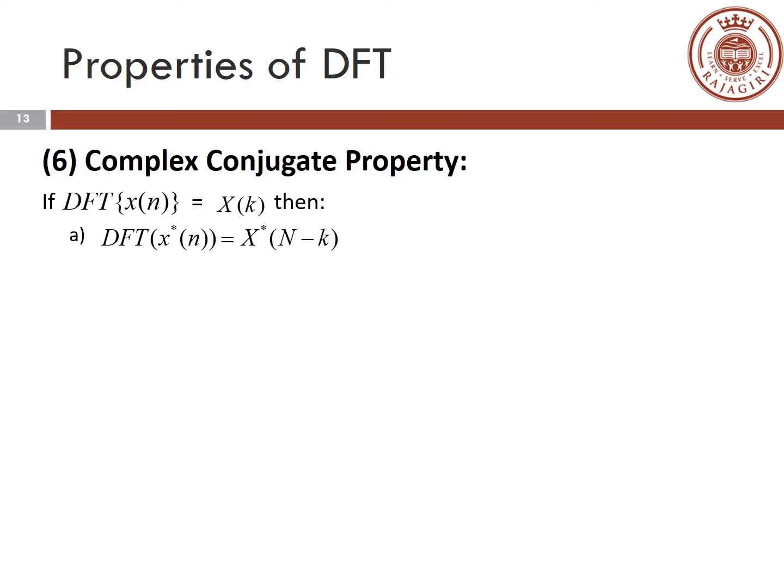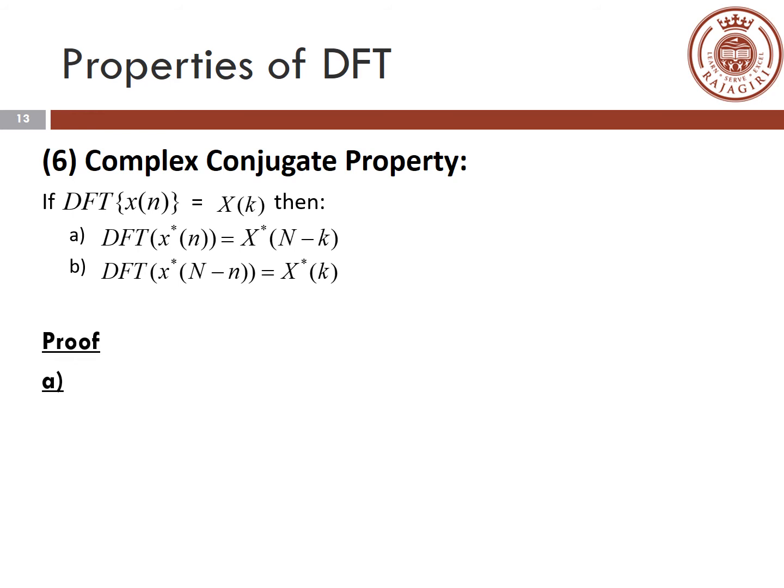So it is the circular shifted DFT and its complex conjugate. Similarly, the DFT of x conjugate of N minus n is equal to X conjugate of k.